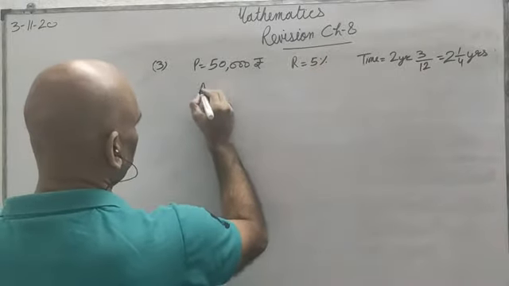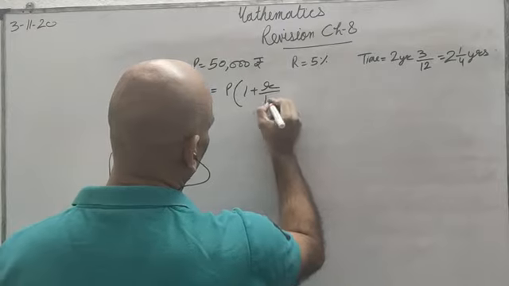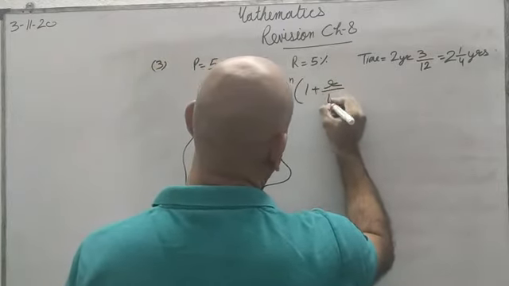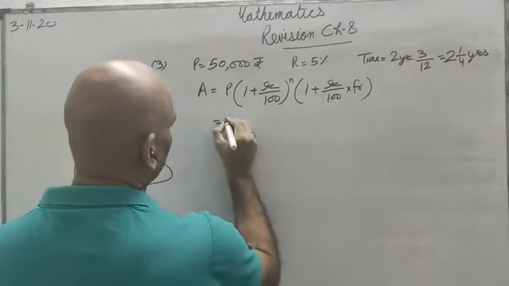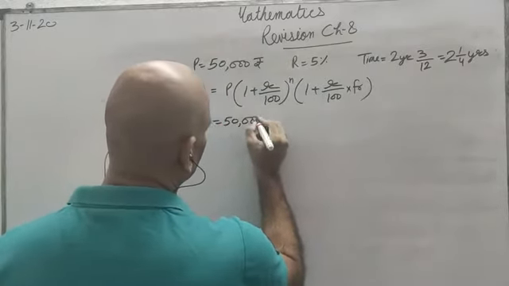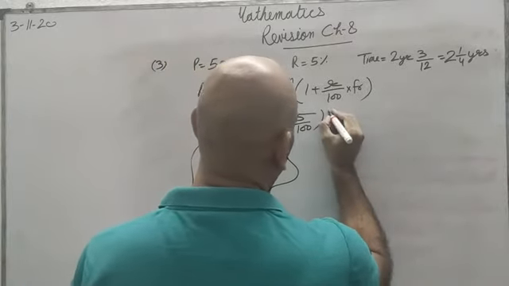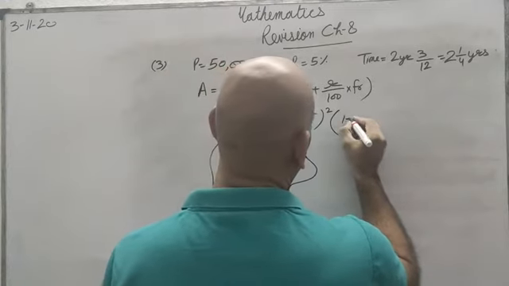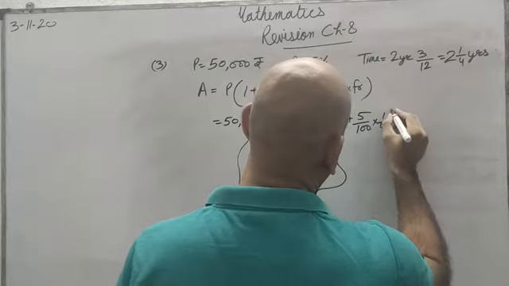The formula for fraction is P(1 + R/100)^n, then (1 + R/100) into fraction. 50,000 rupees, (1 + 5/100)^2, the whole number will come here, and (1 + 5/100 into 1/4).